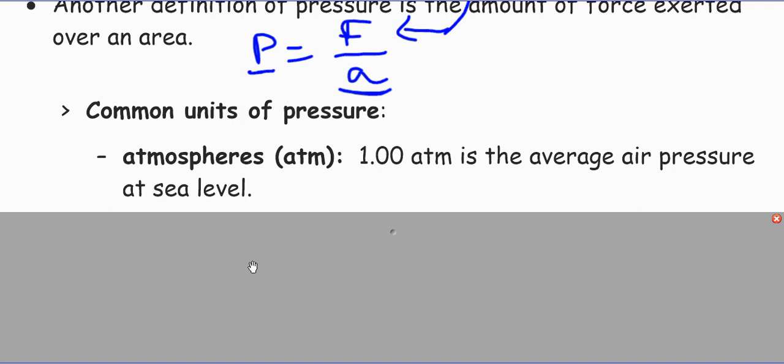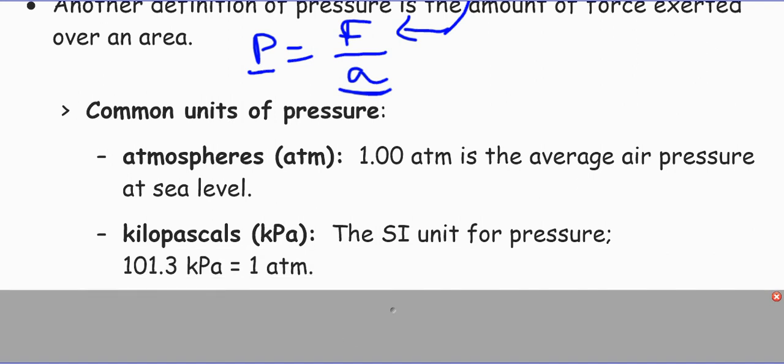Atmospheres is a comparison value, and it's what's used to scale all the other units for pressure. We give atmospheric pressure a value of 1, and that is the average pressure of Earth's atmosphere at sea level. Most days our air pressure is close to 1 atmosphere, but if you were in the mountains, in a valley at a lower elevation, or under the sea, then you'd have a different pressure.